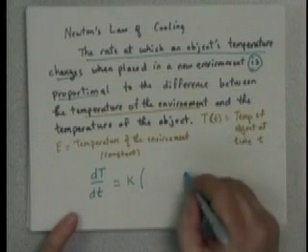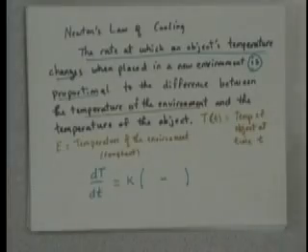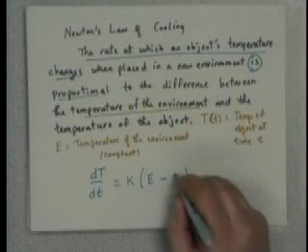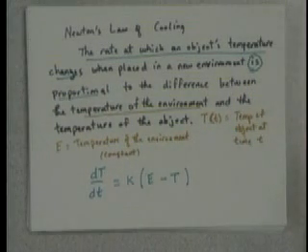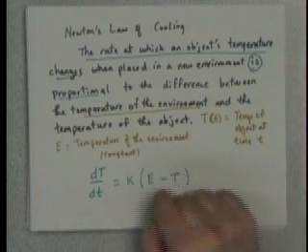It means I'm subtracting. So between the temperature of the environment and the temperature of the object. So I have d capital T over d lowercase t equals K times the quantity E minus T.